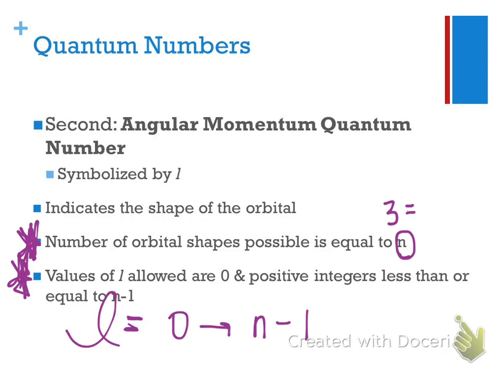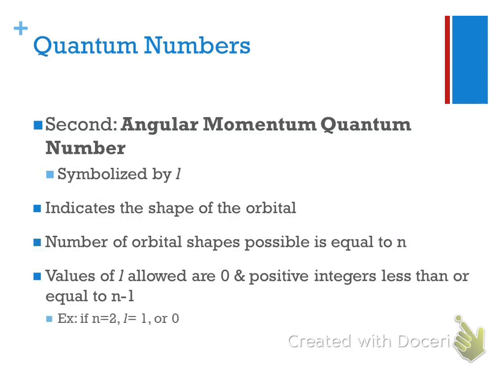Hopefully this will make a little bit more sense when we look at an example, but for right now, that's what we need to understand. So you see an example down here. If n is equal to 2, the possibilities for l could equal 0 or 1. l could be 0 to n minus 1, which if 2 minus 1 is 1.